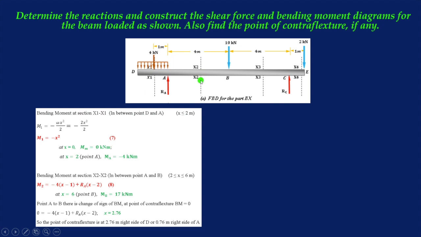If x is measured from there, then from here to here the distance is x minus 1. x minus 1 is the distance, and the magnitude is 4.